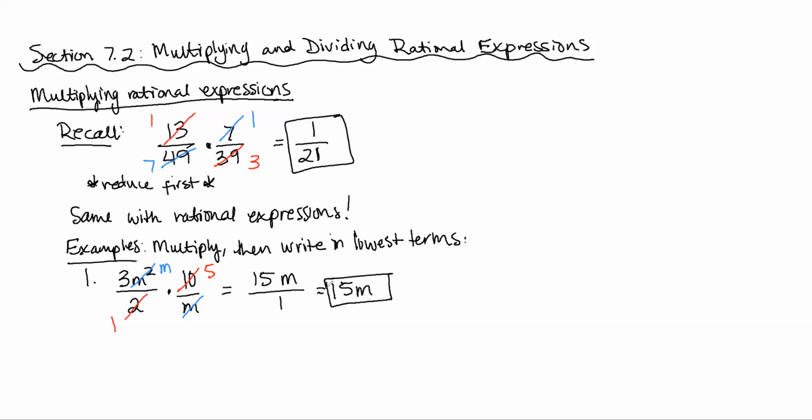So that's all we're doing with multiplying. Really similar to the simplifying we were doing before, except now we're just simplifying between two fractions instead of one. That's really the only difference here. Let's go ahead and look at a couple more of these.